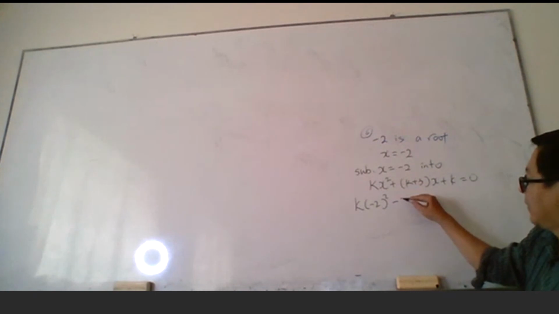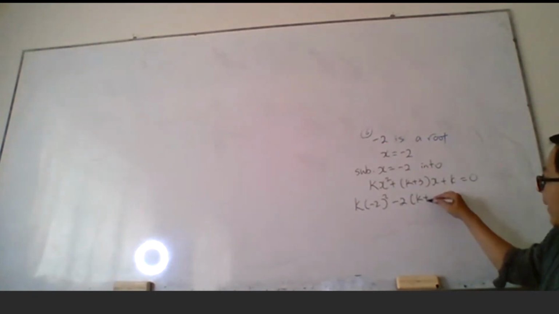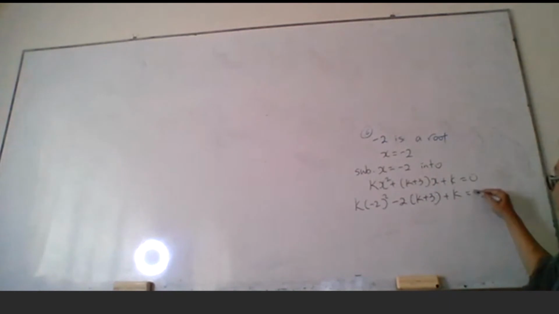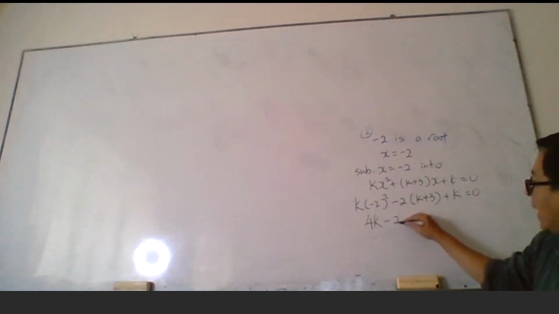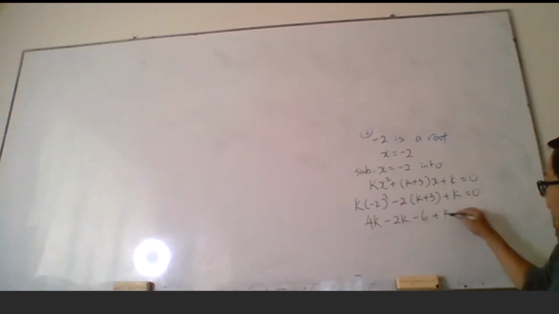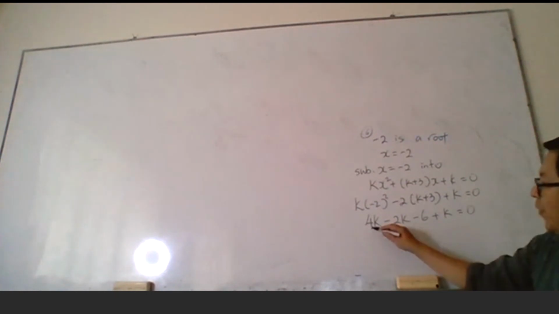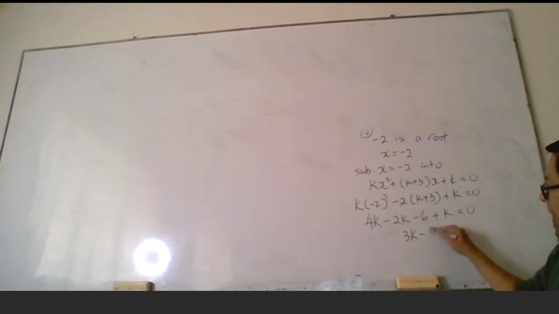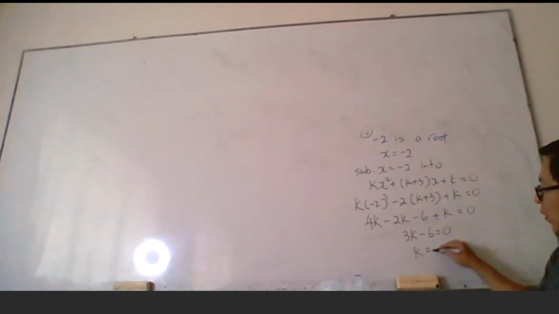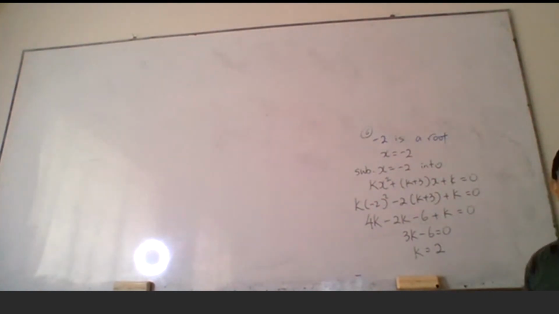Okay, this is minus 2 for x, k plus 3. Try to expand that. You get 4k minus 2k minus 6 plus k. So 4 minus 2, 2, plus k is 3k. And the value for k is definitely 2. Negative 2 is the root.